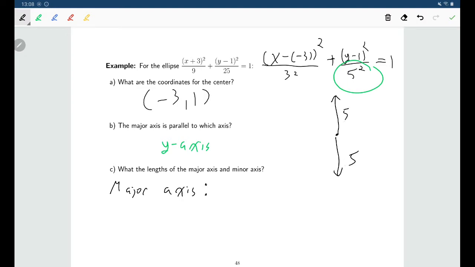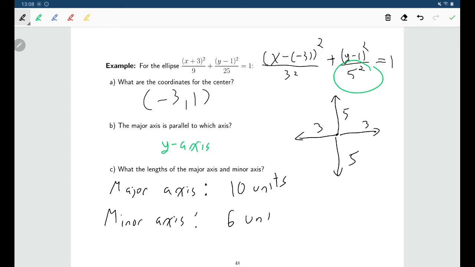So that means that my major axis should have a total distance of 10 units. And then similarly, for the minor axis, we're traveling 3 units to the right and 3 units to the left. So that means the minor axis has a total length of 6 units.